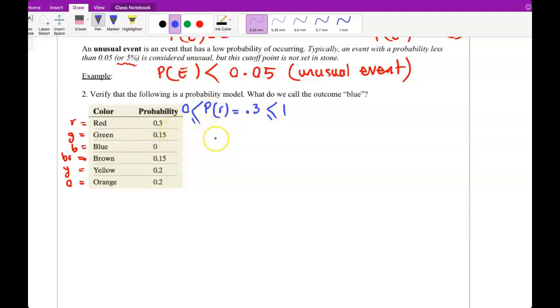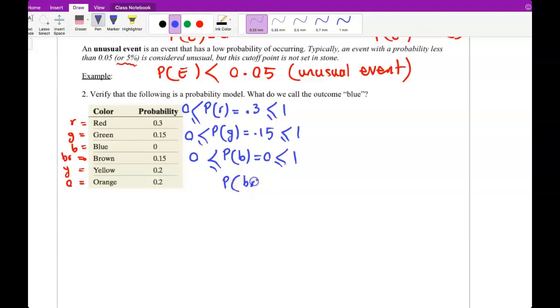Now, the probability of green is equal to 0.15. This is again between 0 and 1, so that is correct again. The probability of blue is equal to 0, and this is again between 0 and 1, because this is equal to 0. That's why that is correct.